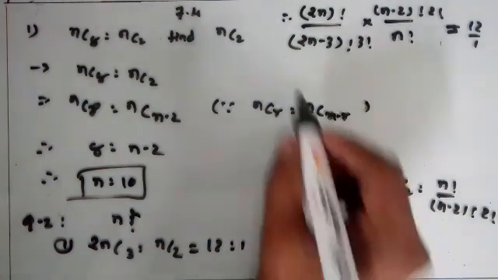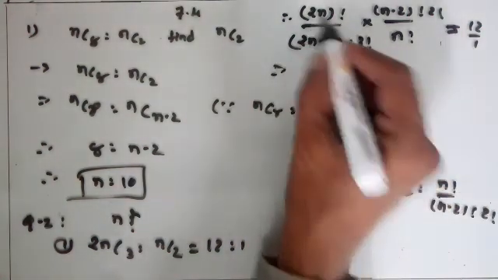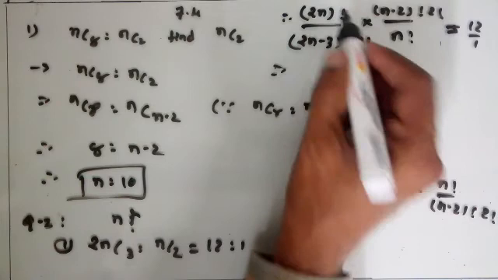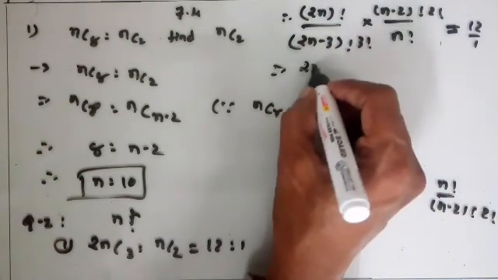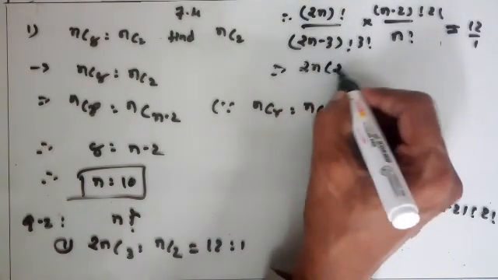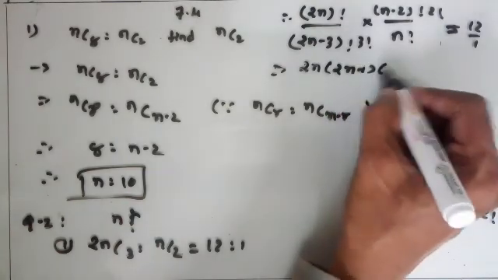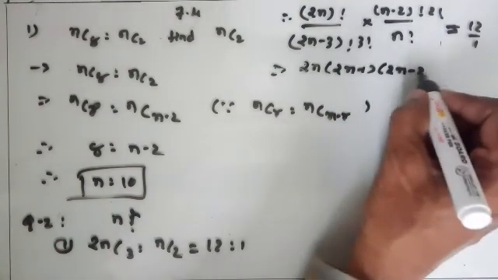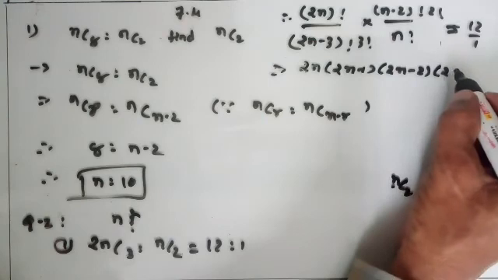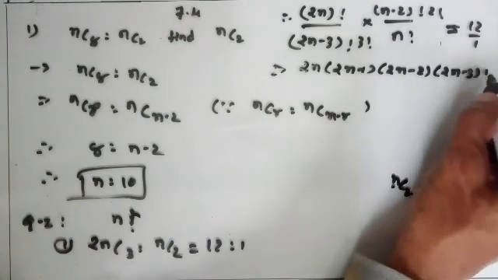Okay. Therefore now simplify this. (2n) factorial is equal to 2n, 2n minus 1, 2n minus 2, and (2n minus 3) factorial.